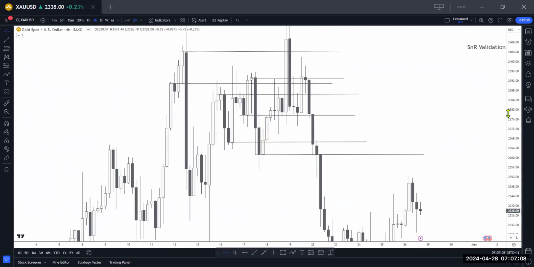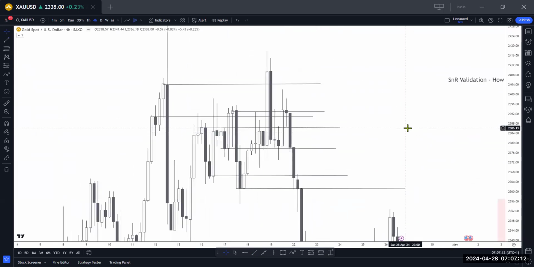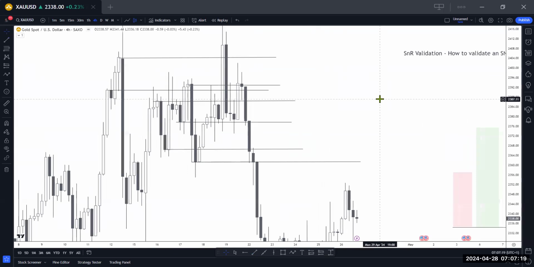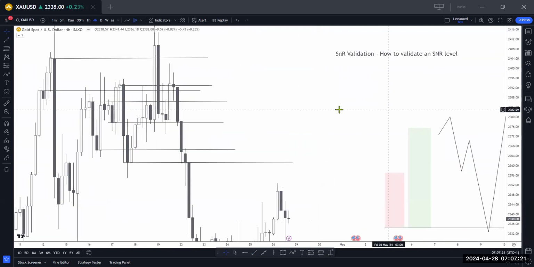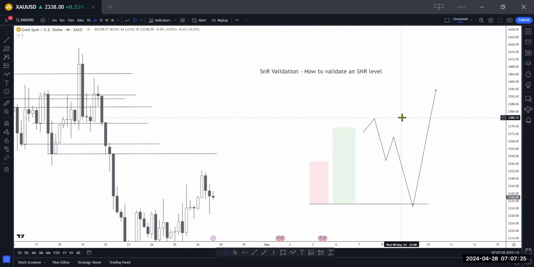But the idea is which of these SNR levels is actually significant? Which one is price using, or which one did price use, by the way? That becomes a pertinent question, especially when we begin to look at setups, order of time frames, and entry. So the reason for this class is to be able to validate an SNR.